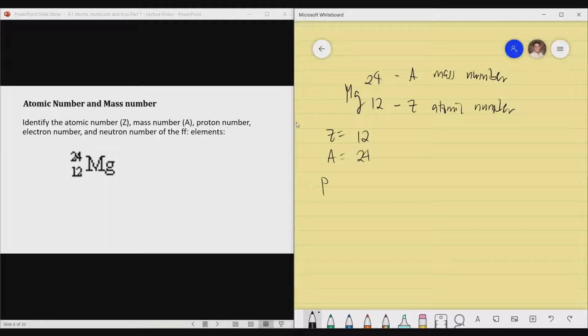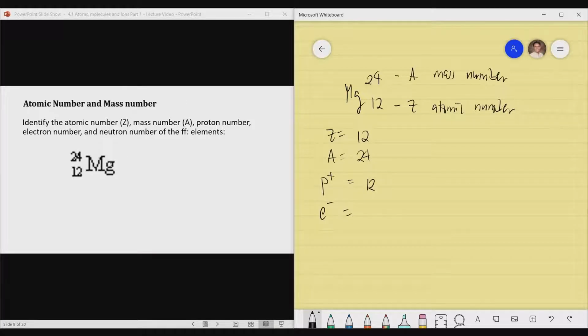What about proton number? So, remember, si proton number ay equal sa atomic number. Diba? As mentioned by the previous slide, kung ano yung atomic number, yun si proton number. So, that will be 12. What about the electron? Electron number, as mentioned by the previous slide, kung gaano kadami si proton, yun din si number ni electron. Kapag neutral ang atom.